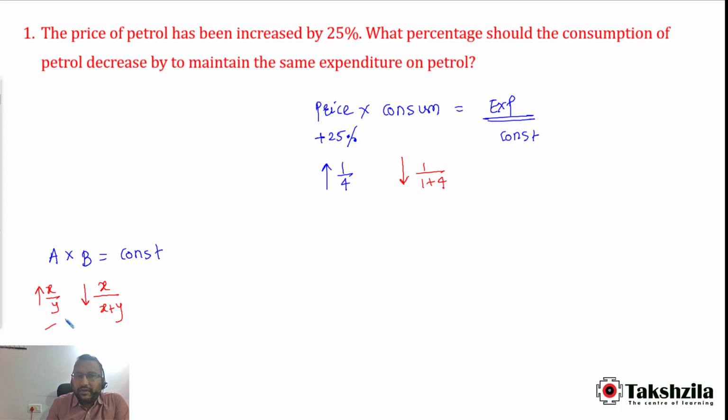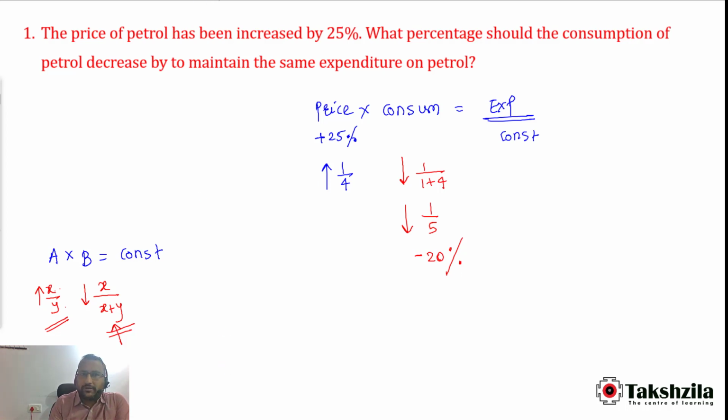If the value of a increases by x divided by y, the value of b should decrease by x divided by x plus y. Remember, while decreasing, the numerator should be the same, and the denominator should be the addition of numerator and denominator. So if price increases by 1/4, the consumption should decrease by 1 divided by 1 plus 4, that is 1 divided by 5. The consumption should decrease by 20%.